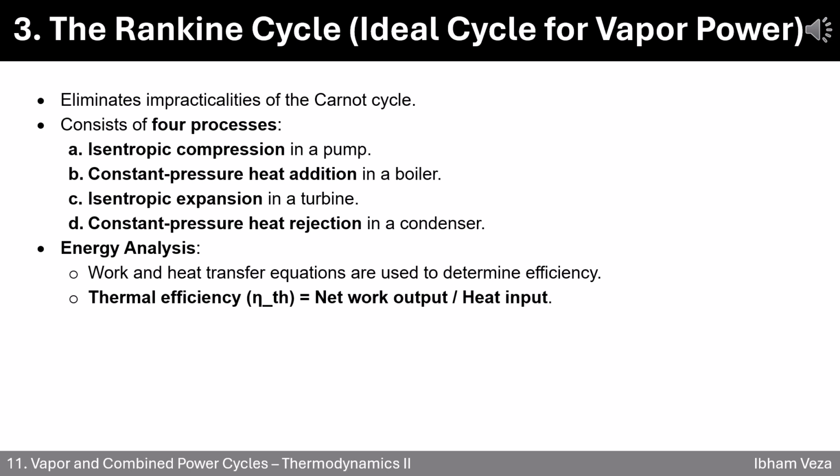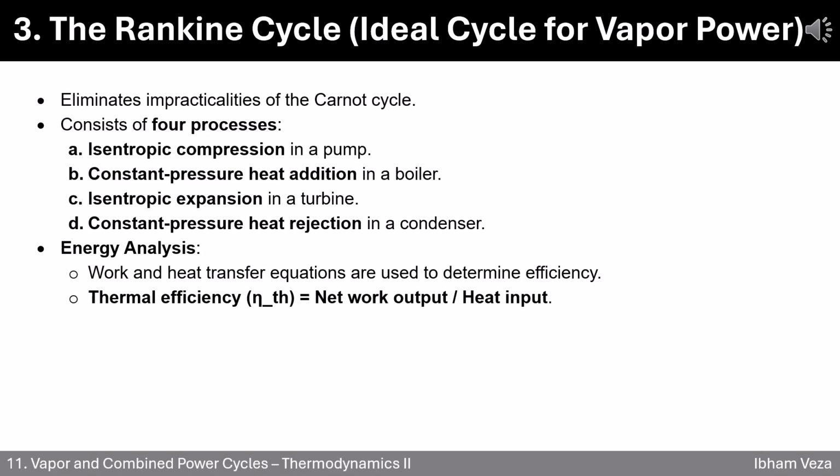This means we increase the pressure of the liquid without adding heat. Second, we have constant pressure heat addition in a boiler. This is where the liquid turns into high-pressure steam. Third comes isentropic expansion in a turbine. Steam expands, does work, and loses pressure. Lastly, we have constant pressure heat rejection in a condenser. Steam releases heat and turns back into liquid.